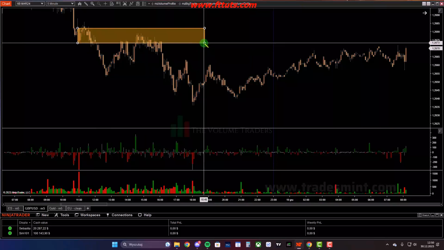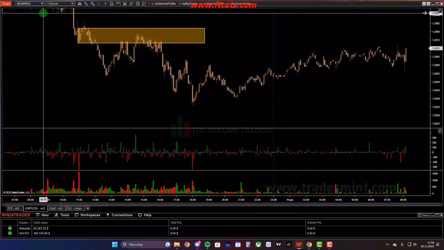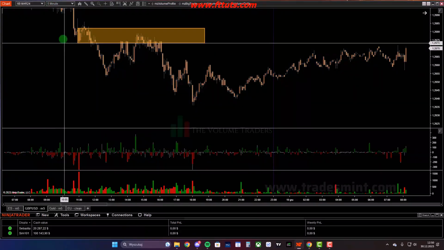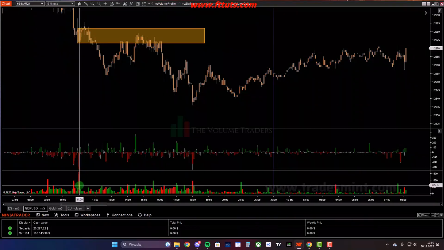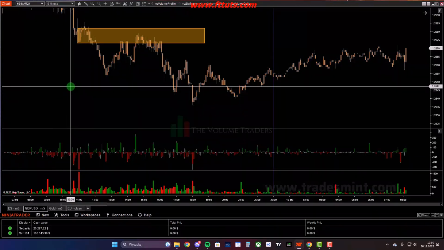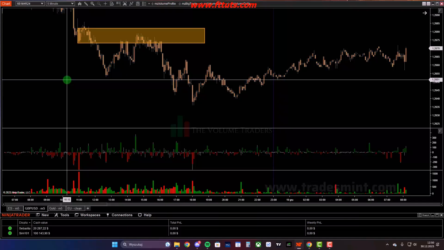So what is important for me? This should definitely be higher volume and also not too big a candle. So not a news candle like CPI or NFP news candles, because these candles are like 30 pips to 50 pips big.